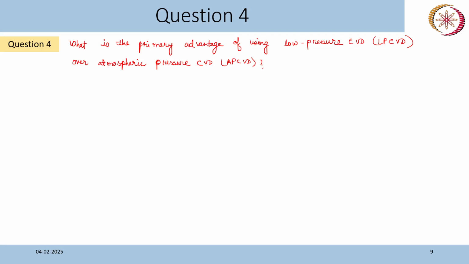But there are certain advantages of using a low pressure CVD or LPCVD system over APCVD. So what is the main advantage? I'll give you a few options. You can think about it and tell me the answer. It's not very difficult, you already know the difference between LPCVD and APCVD, so you will be able to answer this, I think.